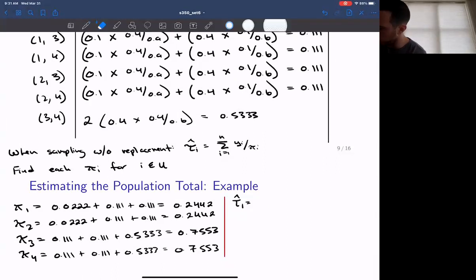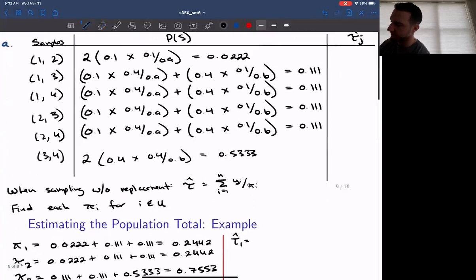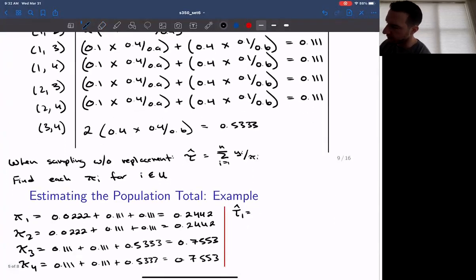I can't use i here. Sorry, I'm mixing up all the values. Okay, let's just call these j's, just so it doesn't get confused with the values inside the sample. And then we can sum across j later. There we go.